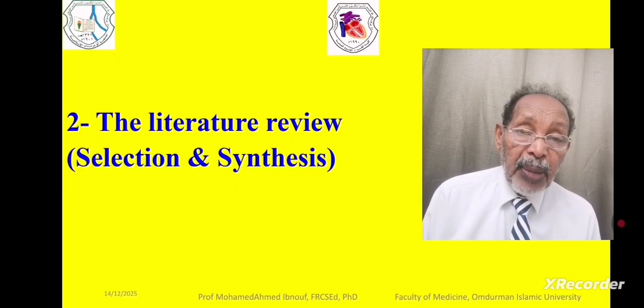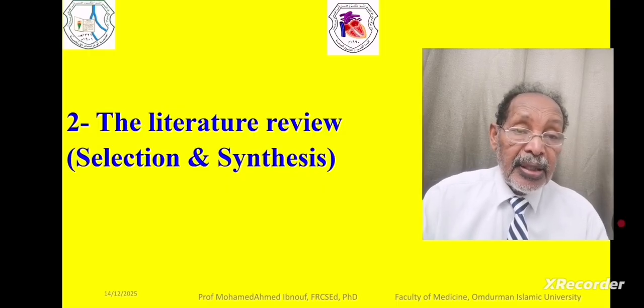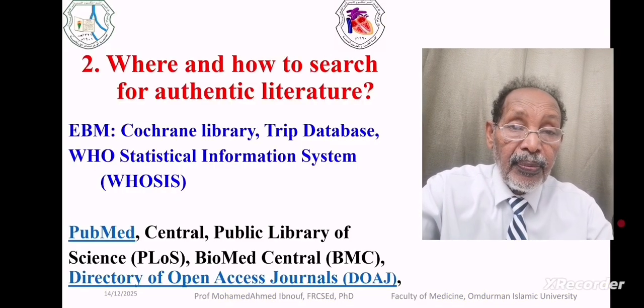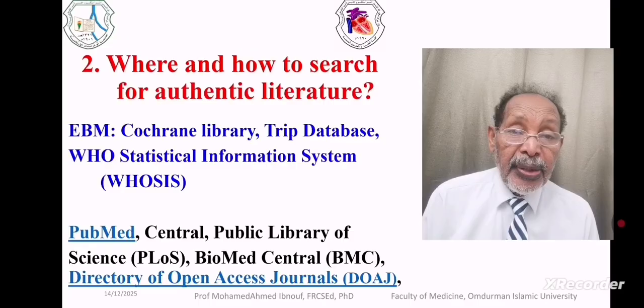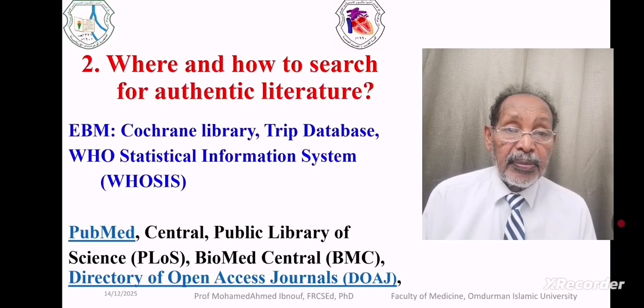Now let us speak about the literature review, and how we select the literature and how we synthesize the literature, and from where and how research and literature should be authentic, from where and how to get that authentic literature.